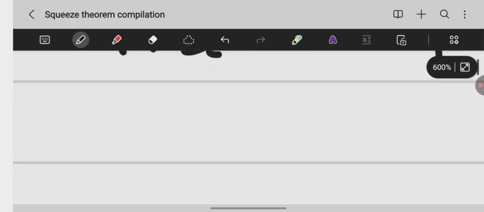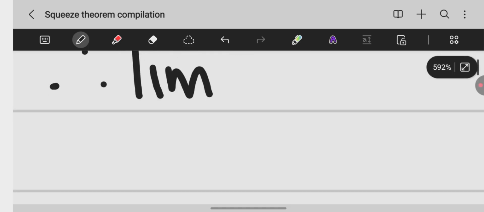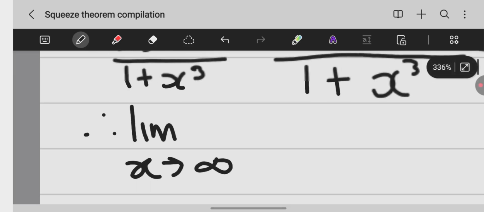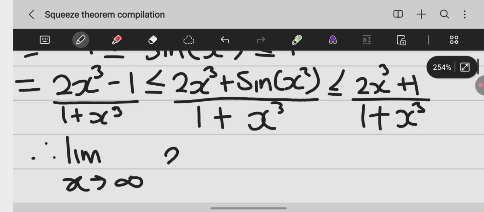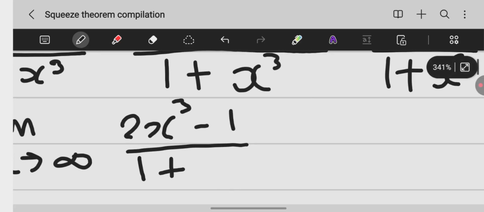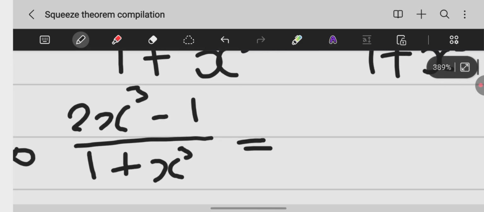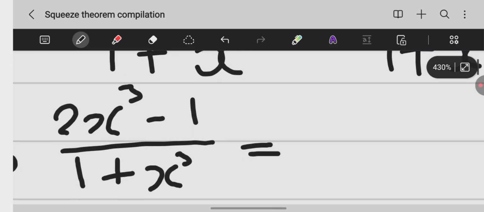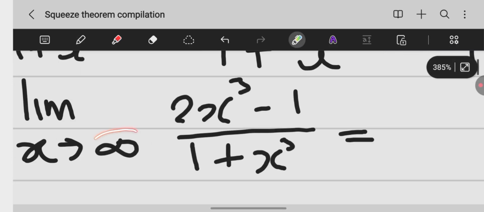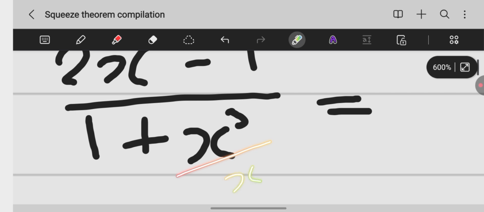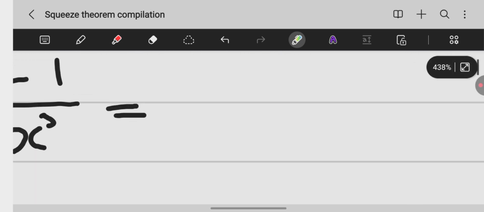Therefore, the limit as x approaches infinity of 2x cubed minus 1 all over 1 plus x cubed is equal to, so applying what you would do if you have infinity, you'd want to divide everything by the highest degree of the denominator, and in this case we're using x cubed.